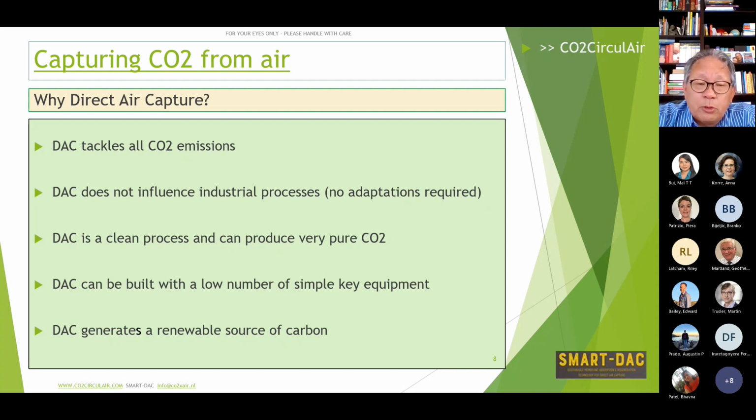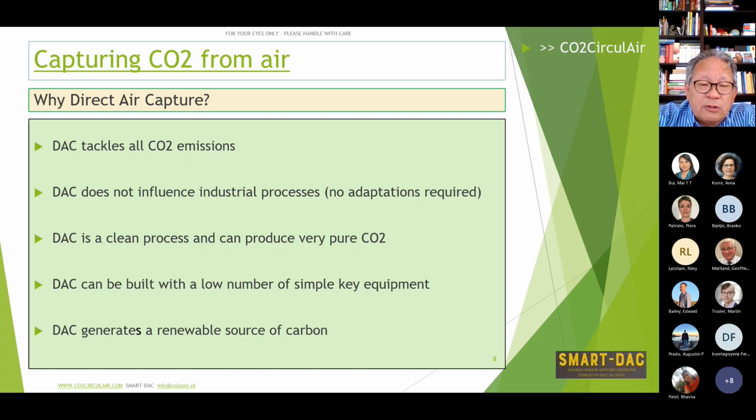Another thing is direct air capture doesn't influence the industrial process. Compared to point source capture, you do not need to adapt your process to make capture possible. At the same time, every point source is different.